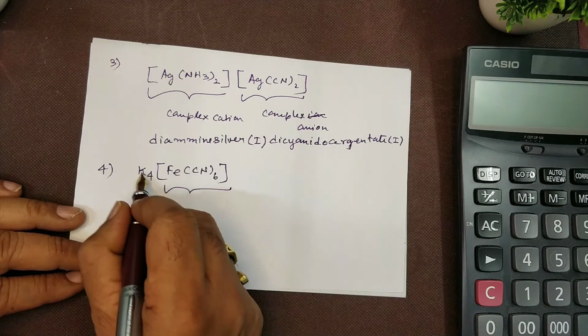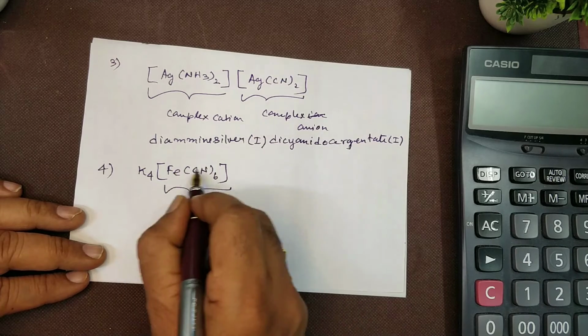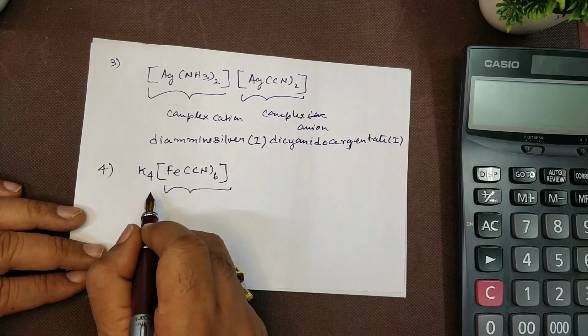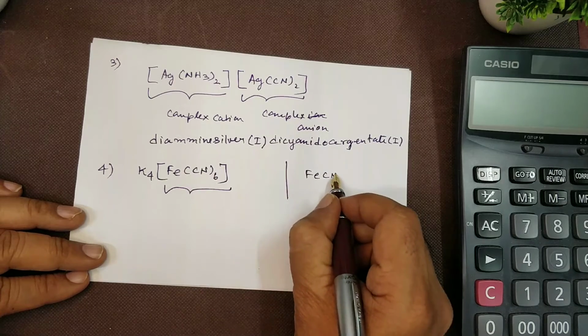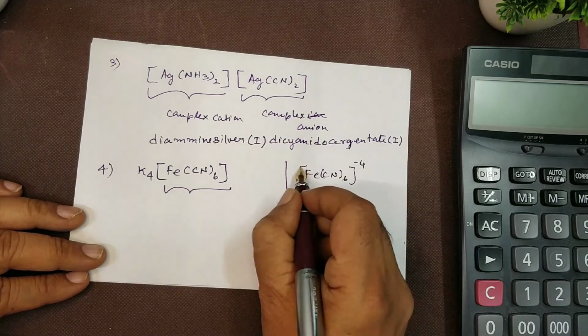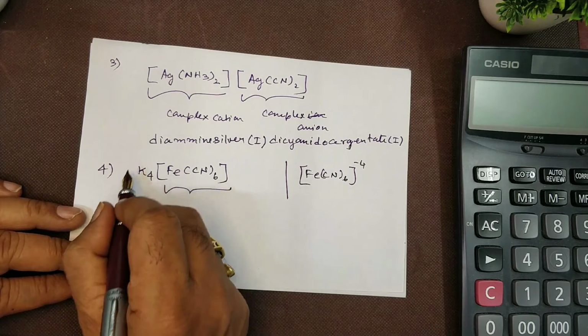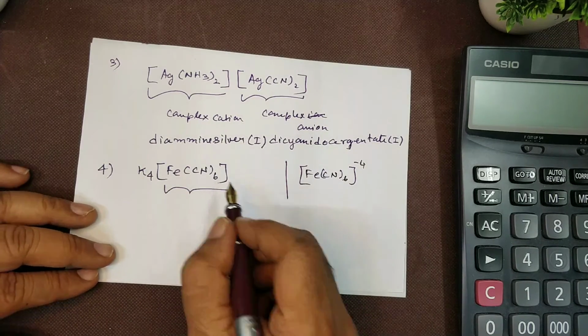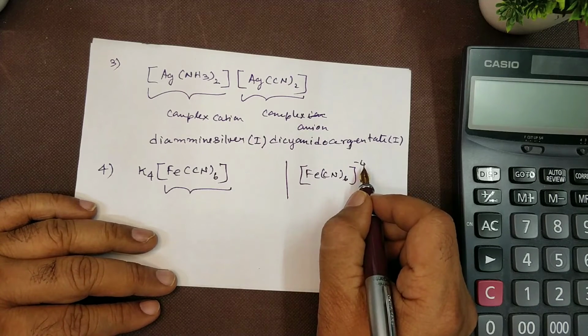And here you have potassium K4. And what is the oxidation state of the complex ion? -4. Because K is plus, 4 times, 4 plus, so it should be compensated by 4 minus. So the charge of the complex ion is -4.